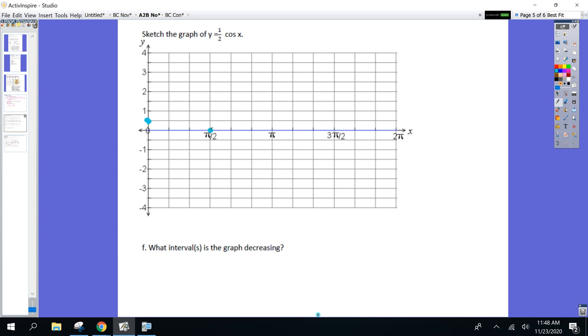Minimum. What's the minimum for this curve? -1/2. And then where's it finish? Cosine always finishes at the max unless it's flipped, but this one's not. So we've got a tiny little curve here, definitely compressed a little bit. There we go.